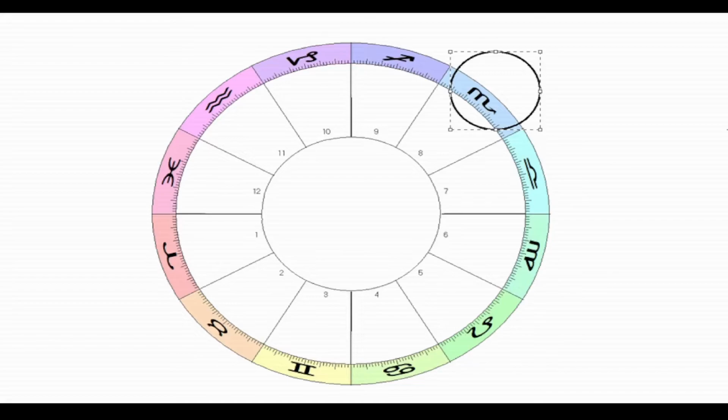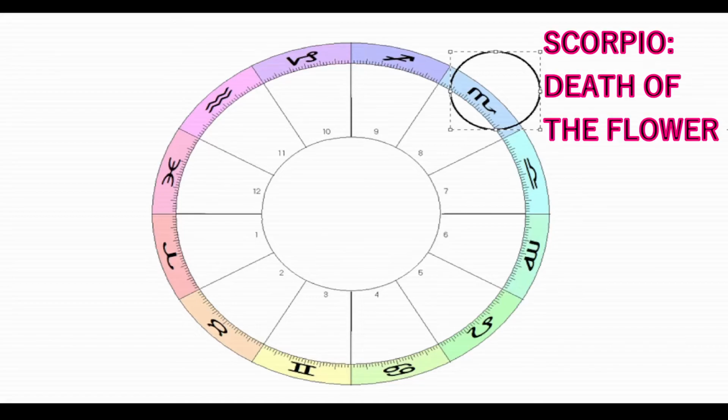Even though this is a fixed sign, the entire season of fall is essentially having to do with the end of a growth season. There are a lot of things that are dying at this time of year, right? That's what marks fall. Things are getting colder, leaves are falling off the trees. And what happens at this time also is that the flower dies, okay?